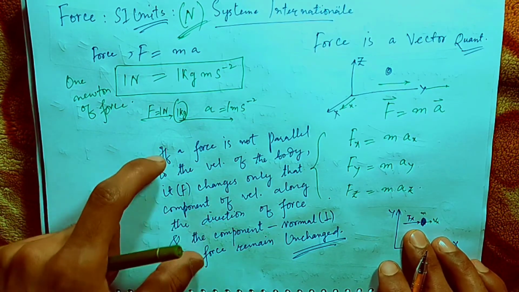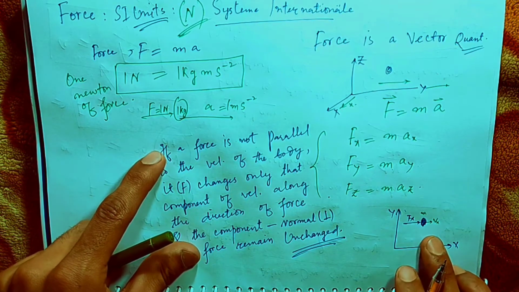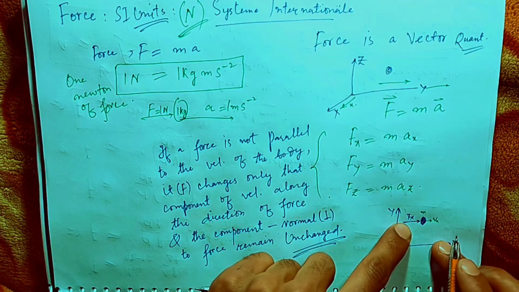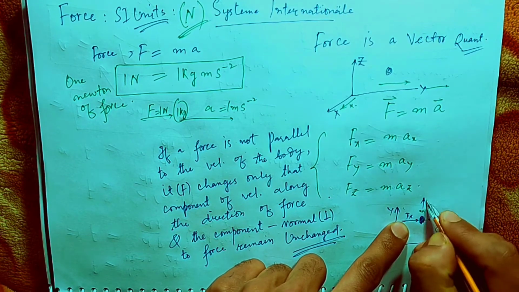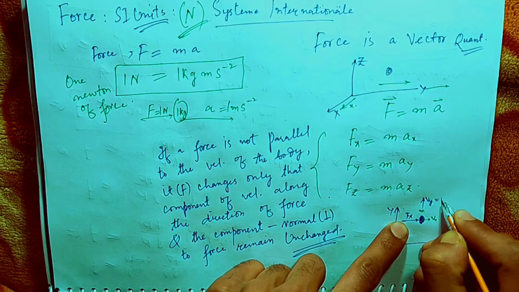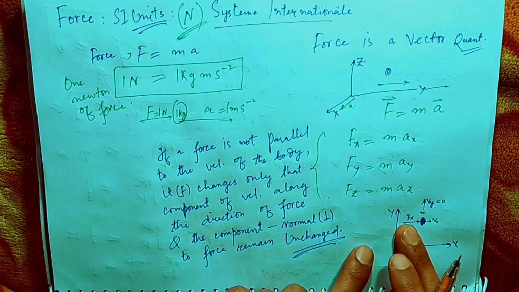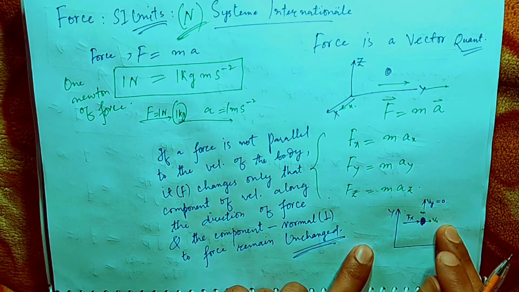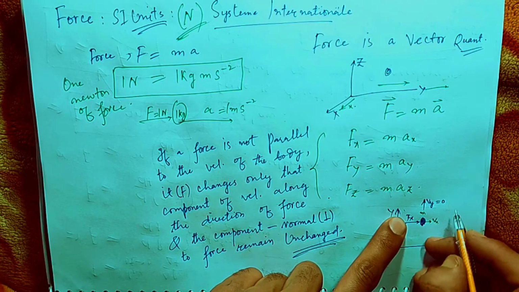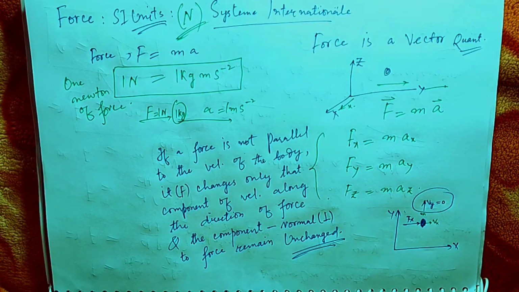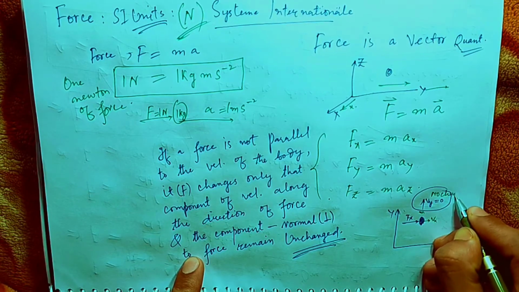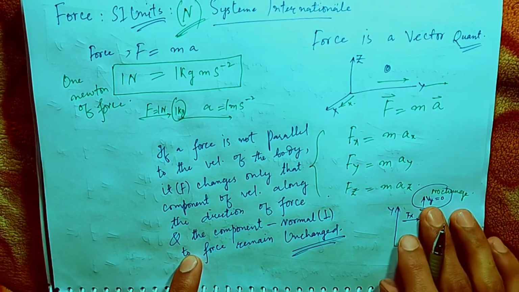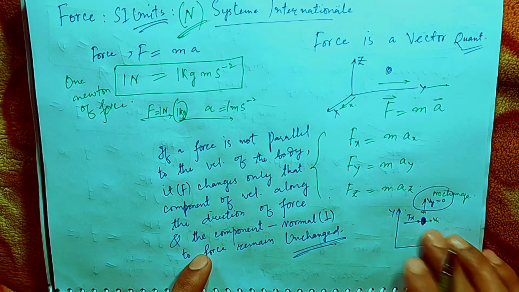So here it possesses Vx. Suppose in this direction is Vy, but here in this case it's 0. Force is acting only along the x-axis. That means this force will not bring any change in this Vy. There will be no change in the y component of the velocity.